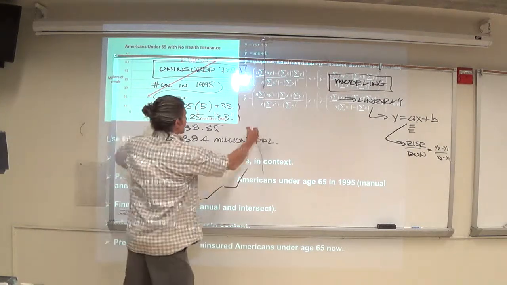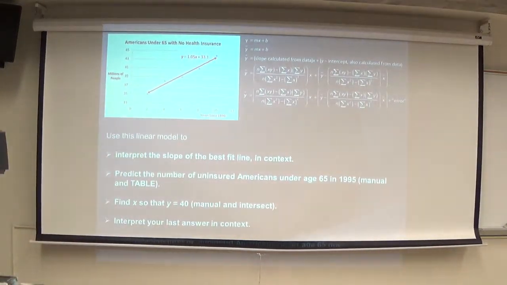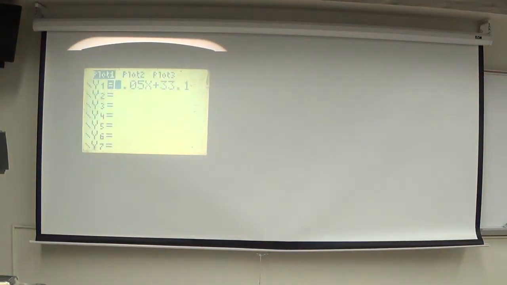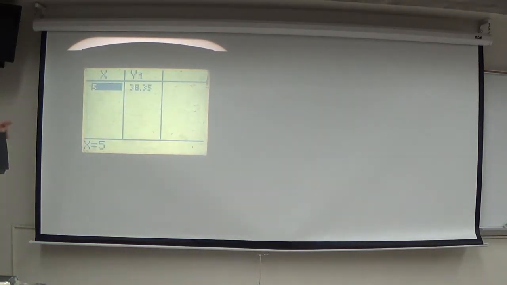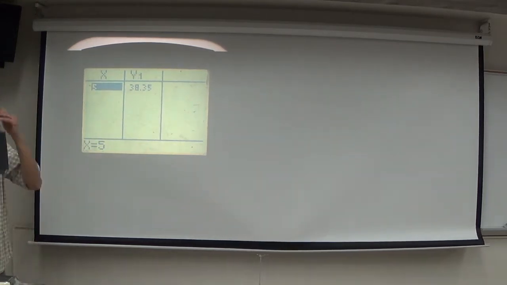So grabbing your TIs, I think this is the very last thing we did in class on Monday. Just go straight to your table. Second graph. And it's left over from Monday. You input in 5, and out pops 38.35.